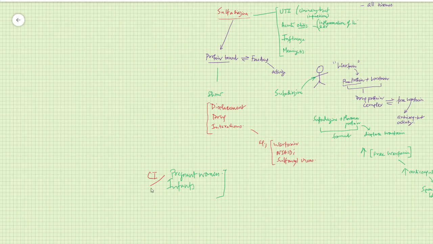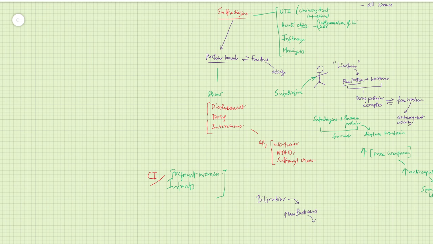Okay, so it's contraindicated in pregnant women and infants. Why? Because normally we have RBC breaking down into bilirubin. This bilirubin is transported along with proteins, bound to proteins. Okay, plasma proteins.